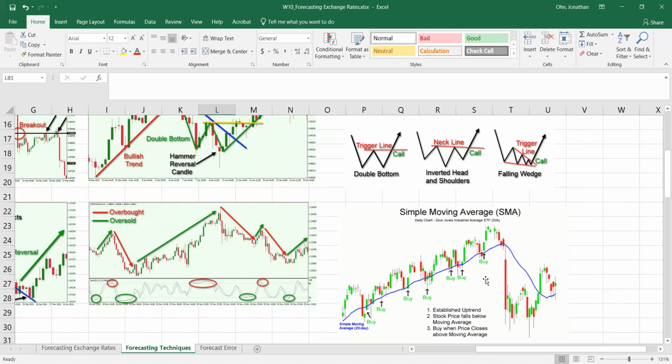You heard about the moving average, right? This pattern is the actual exchange rate, and this blue line is the moving average.